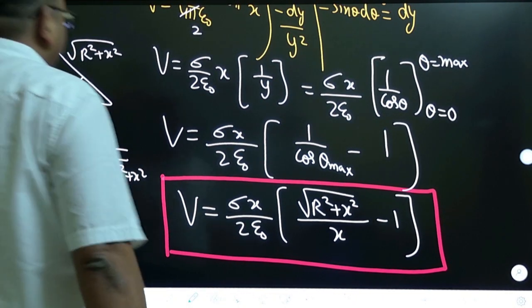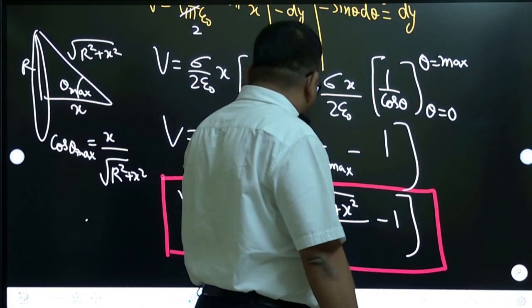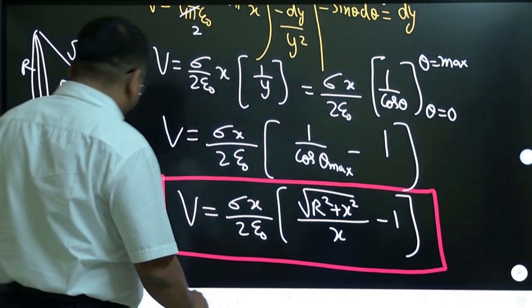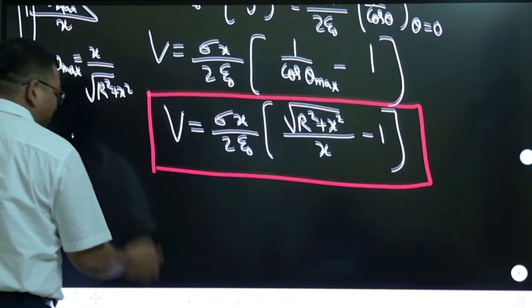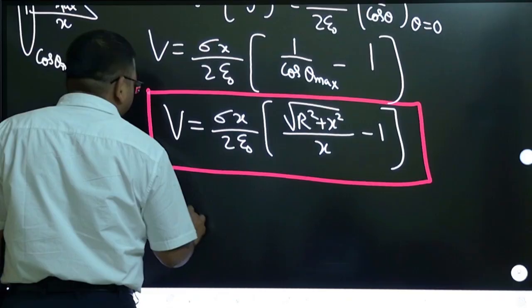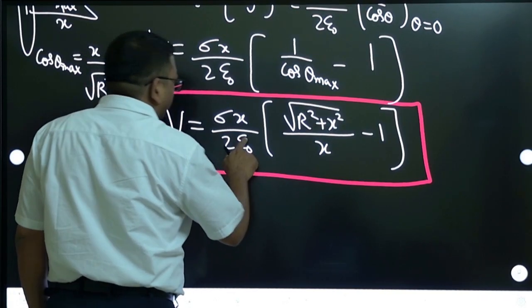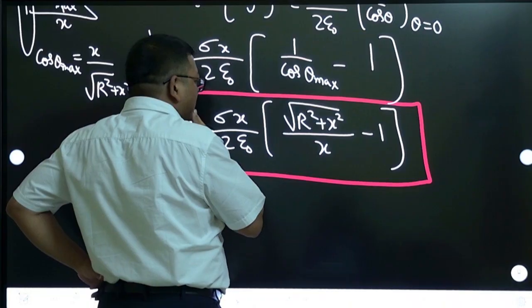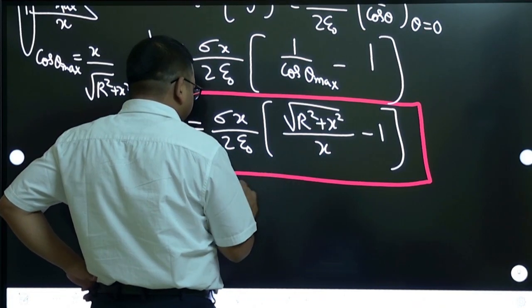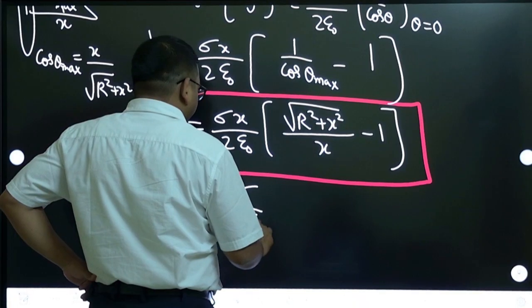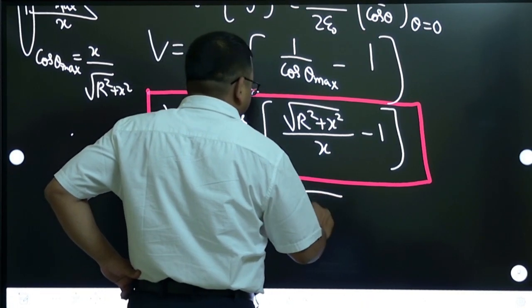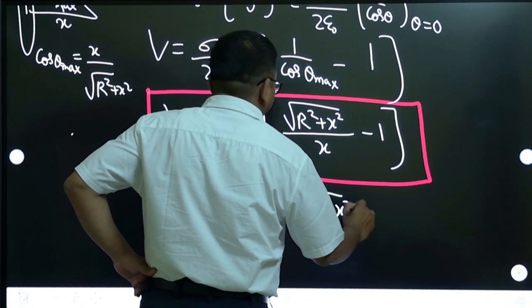So today we have done derivation only. Again, regarding maximum and minima, you don't have to do any derivation, just transform this a little. V is equal to sigma by 2 epsilon naught, x taken inside, root under r square plus x square minus x.